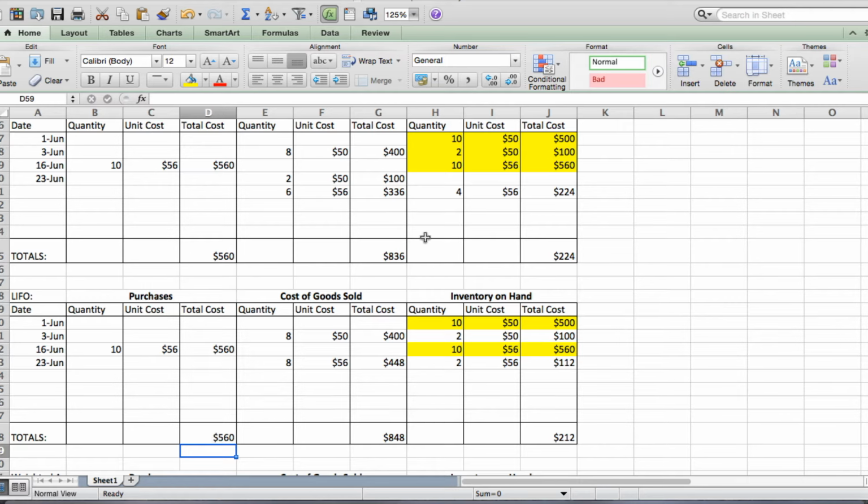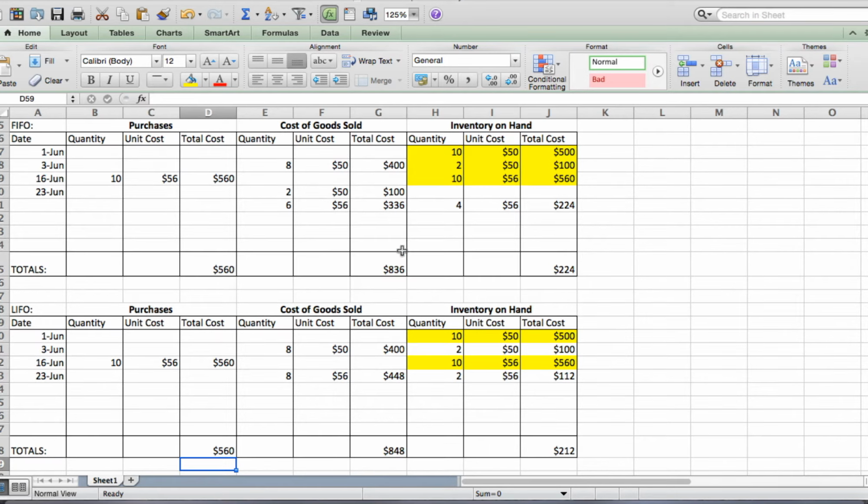Okay, so comparing these two, FIFO and LIFO, you see total cost of goods sold under FIFO is $836, but it's $848 under LIFO. So it's a $12 difference. And then if you compare inventory, also a $12 difference. Okay, but it's reversed. So cost of goods sold is lower by $12 here, and inventory is $12 higher here.